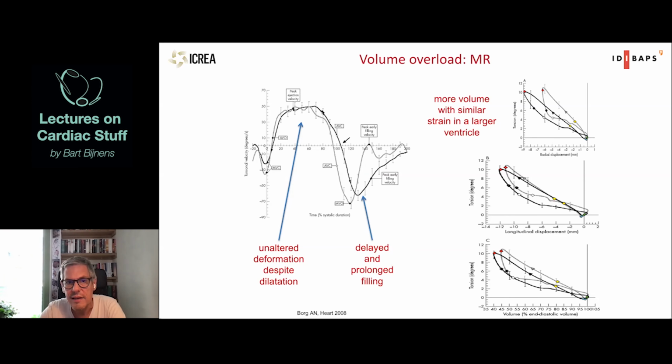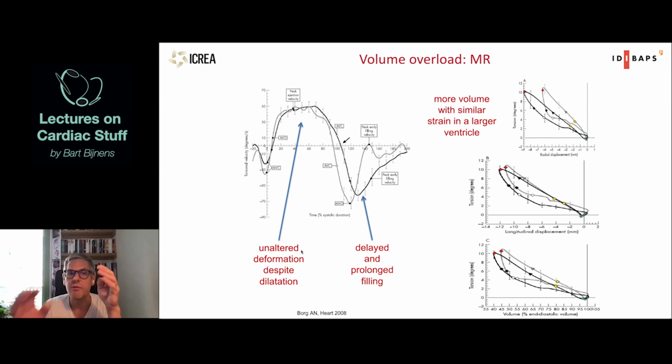Those with overload seem to rotate a little bit longer, and in total their ejection also seems to be a little bit longer. Then they derotate or untwist later, potentially with a little less twist. And especially the slope is also changing.